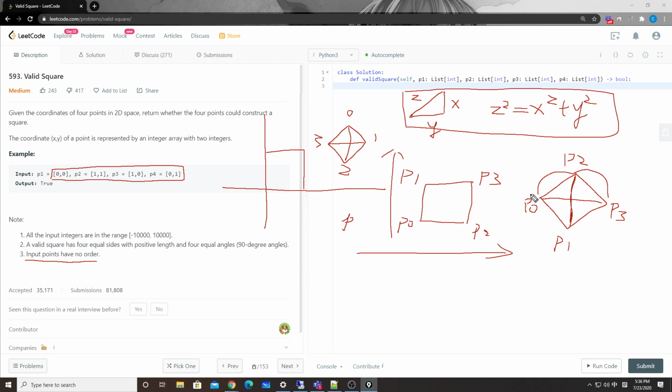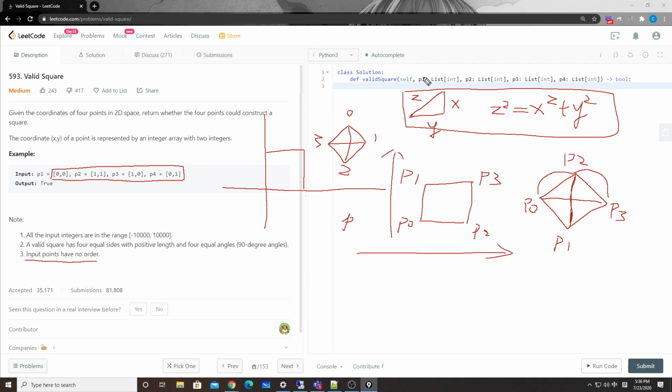Okay, so that's one way: the first way is to sort the coordinates first. And there's another solution that's also very interesting. Basically, we just blindly get six distances, right?